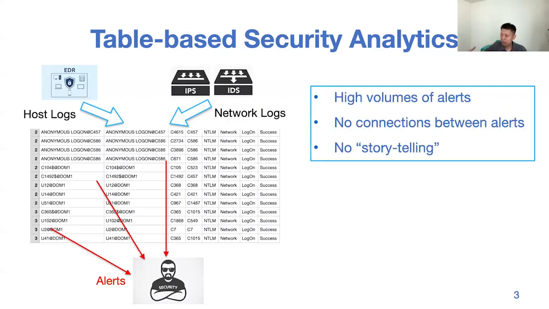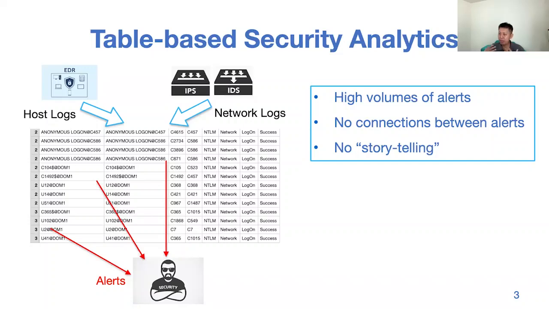This whole business has been going on for quite some time, and it has become a billion-dollar market. But still, the solutions have quite a few critical problems from my perspective. They often generate a high number of alerts. Based on my experience at my previous employer, RSA Security, we talked to customers, and they say it's not only from our products, but from other people's products, the number of alerts is a lot.